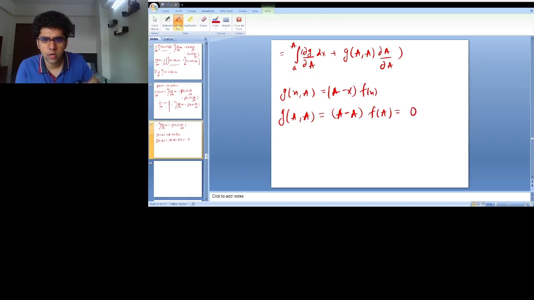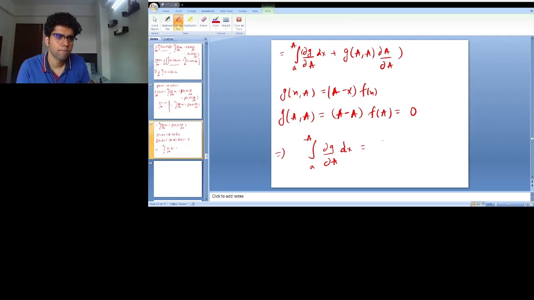So this will become 0, A minus A is 0. So my second term is also 0. So what I will be left with is small a to capital A del g by del a dx, right? So my del g by del a will become, if g(x, a) is a minus x f(x), so let me just erase this line and this equal to sign, right?